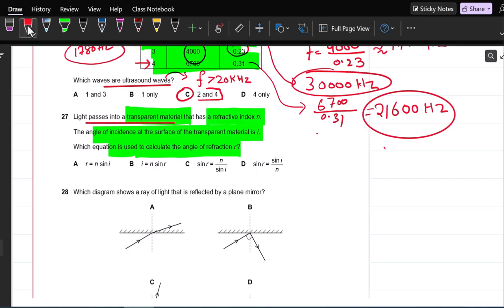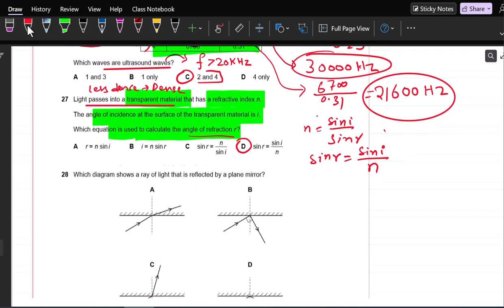It means we are going from less dense to dense. So n is equal to sin i over sin r. We have to find the angle of refraction, so sin r is equal to sin i divided by n. So this option we are having, it is D. Question 27, D is right.